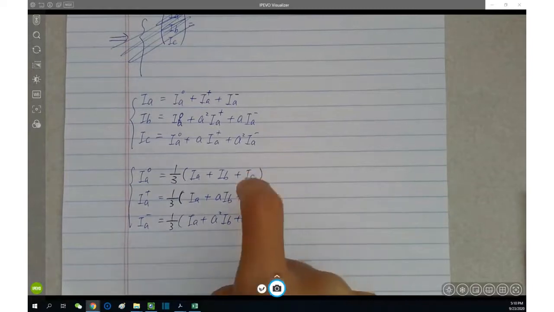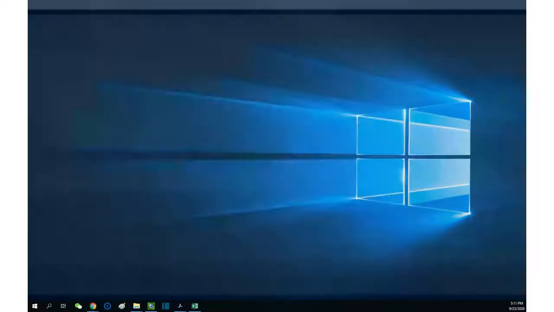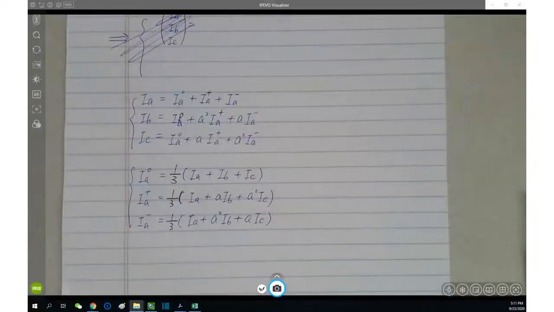Obviously, the second one is given the total three-phase unbalanced current, looking for the symmetrical components. Take a look to see any questions. Any questions?